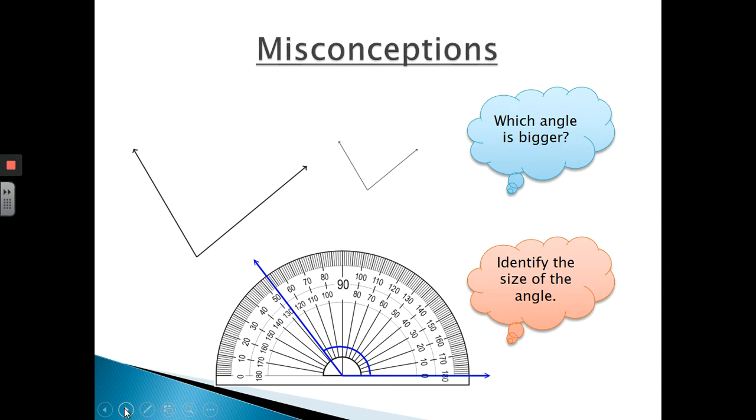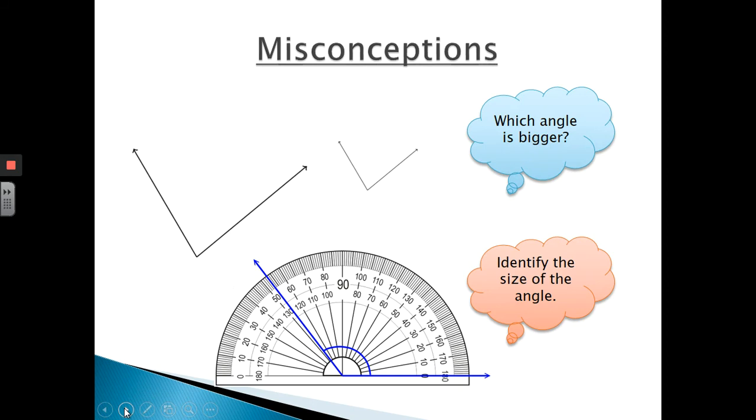So almost like scissors, as that angle opens up, you need to follow from 0, 10, 20, 30, 40, 50, 60, 70, 80, 90, 100, 120, and it looks like 127 degrees. So following the line from 0 degrees, like a pair of scissors, how the angle kind of opens up. Also, to challenge that misconception, you can refer back to their knowledge of acute and obtuse.